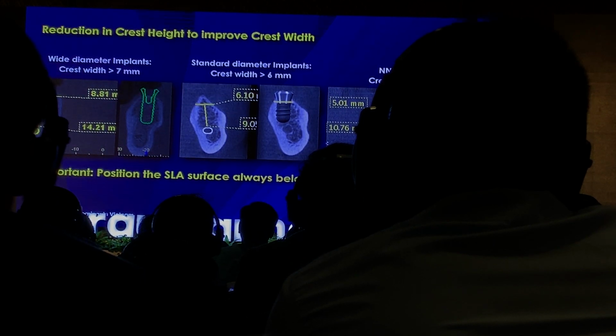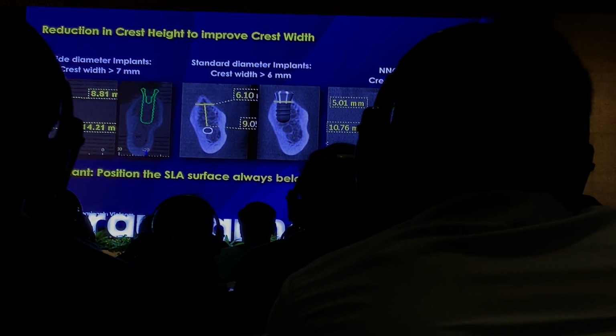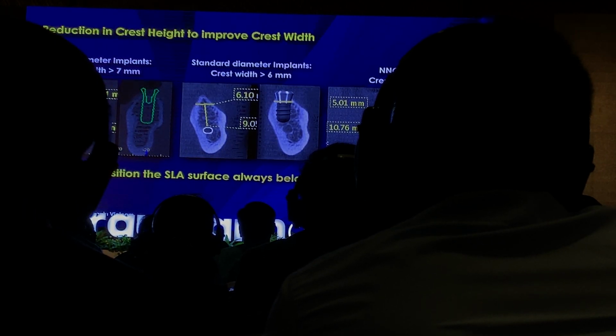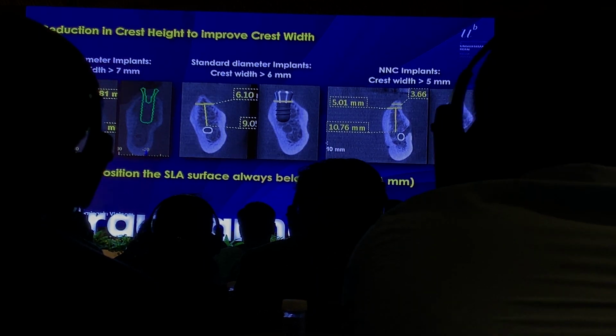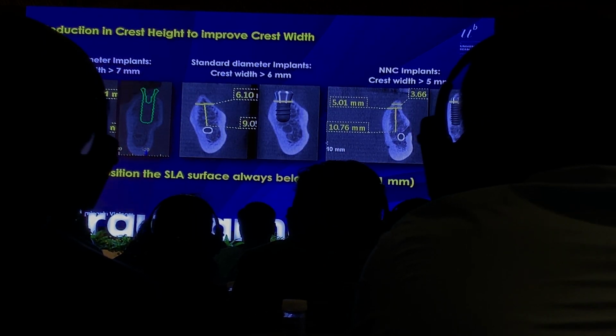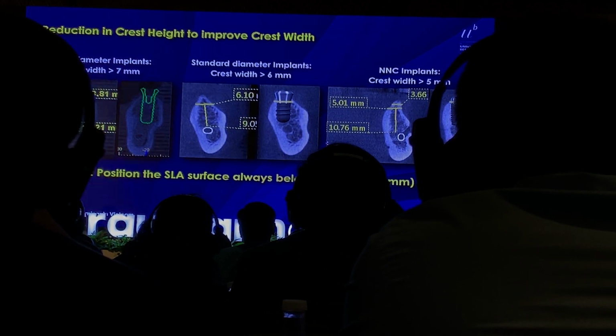And then we put the implant deeper inside the bone to bury the SLA surface subcrestally. Very important. So you can estimate how much reduction in height is necessary to get these implants inside the bone and have on both sides sufficient thickness of the bone. I will explain that in more detail then in the afternoon.